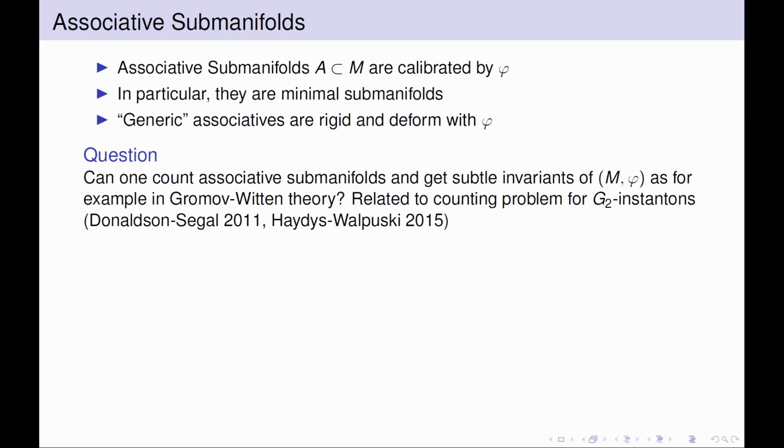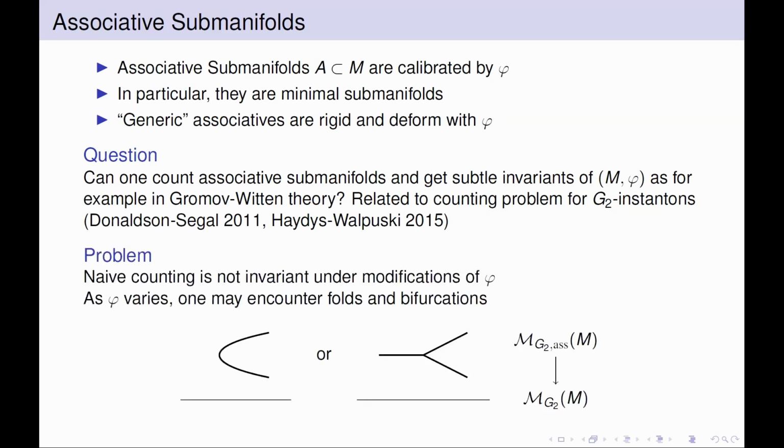Or there are these Floer theories that you might have heard of. And we also said that probably this associative counting, if it works at all, has to be done together with counting G2 instantons. You can read more about this in papers of Donaldson and Segal or Haydys and other people who try to make sense of this.